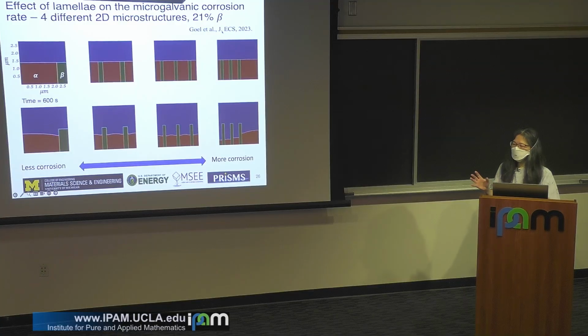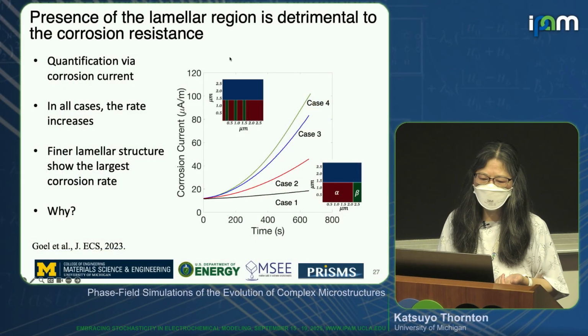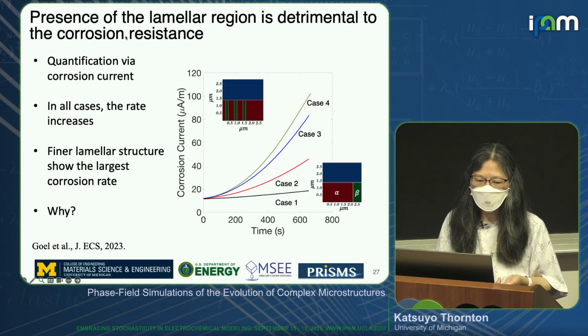So, you often hear you don't want to have a larger volume of cathode material, but here the volume is the same, but the corrosion behavior is different. And then you can quantify how much corrosion is occurring by looking at the corrosion current, because that's basically the flux coming out.